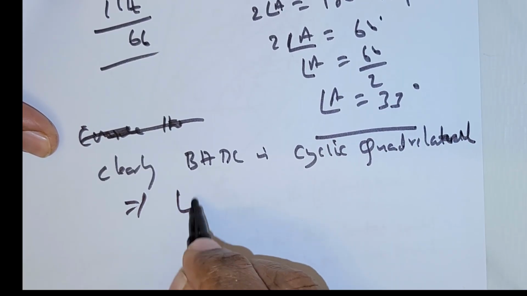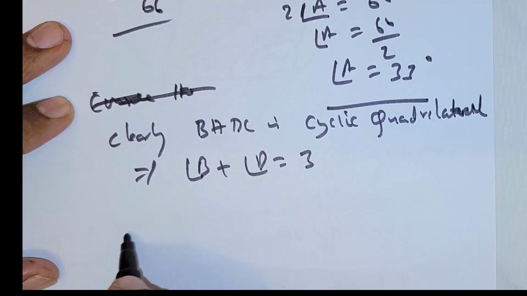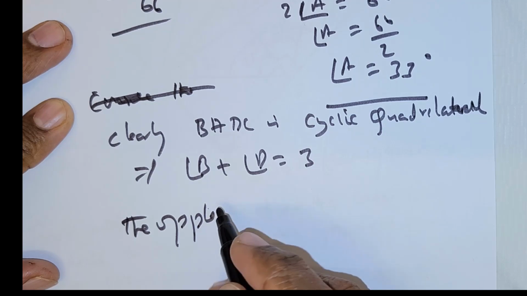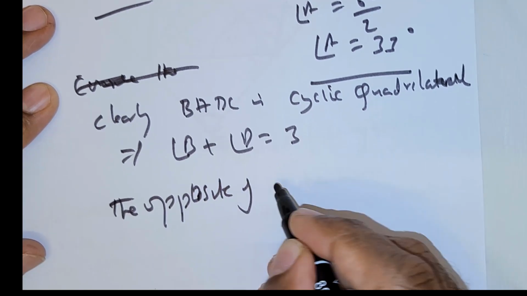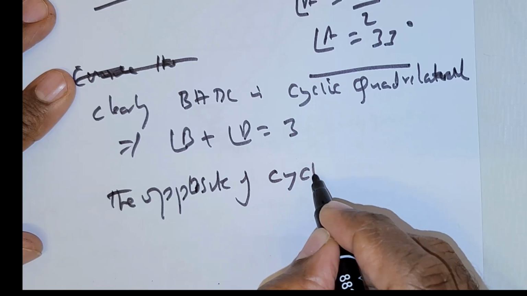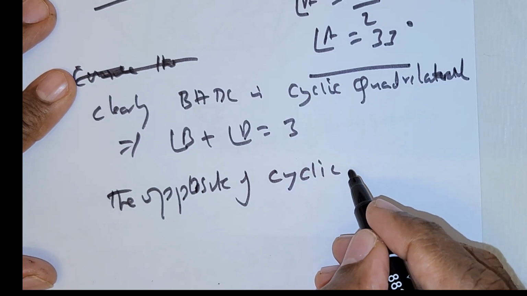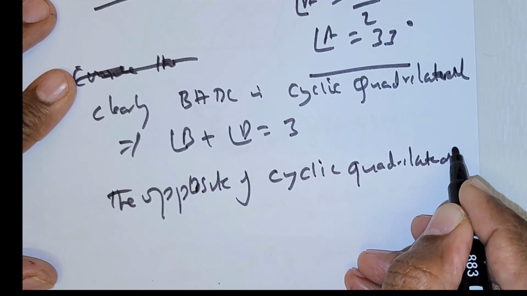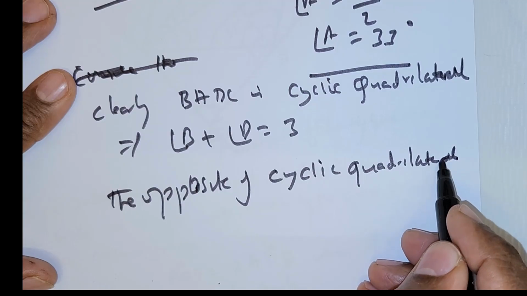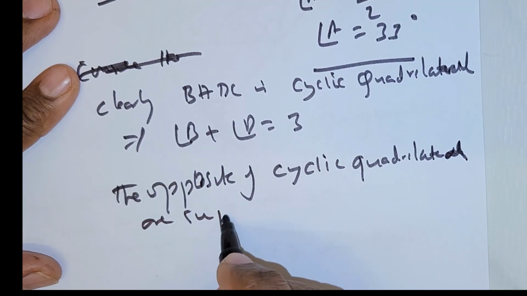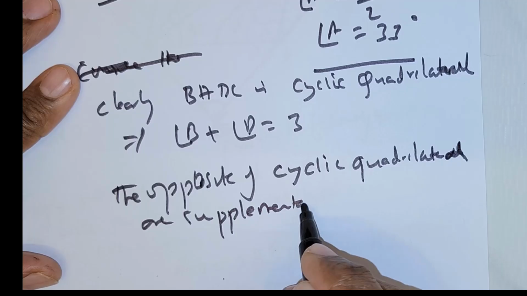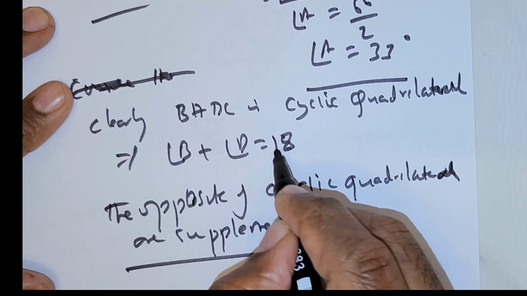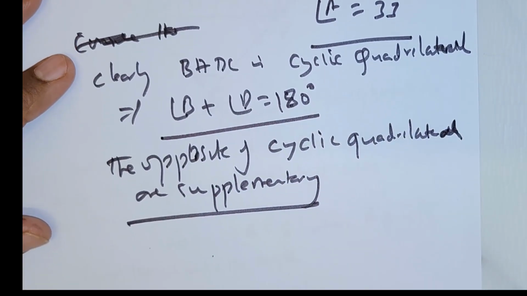So this in turn means angle B plus angle D. The law is, let me state the law: the opposite angles of cyclic quadrilaterals are supplementary. So that means angle B plus angle D is equal to 180 degrees.